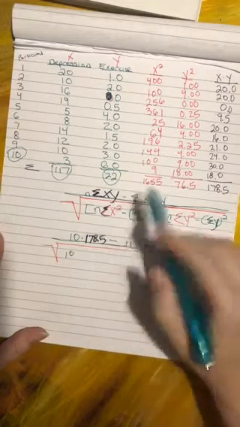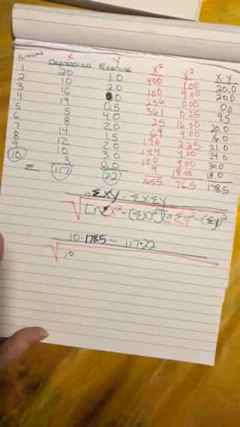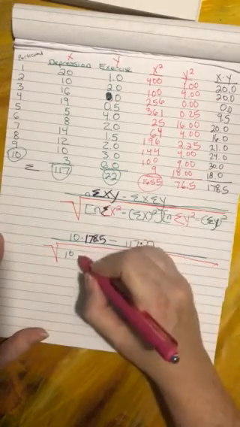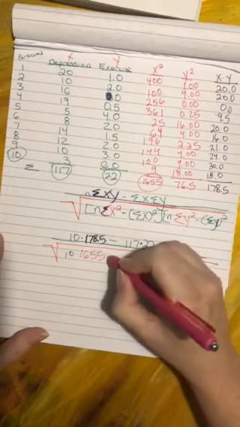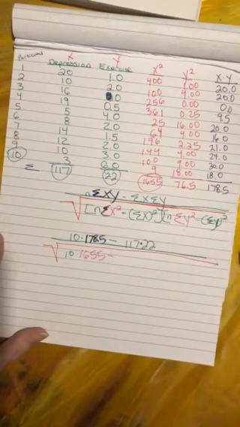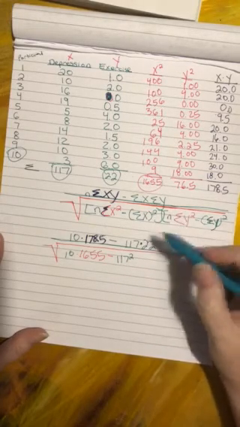N is 10. And this is the sum of our x squared column. So here, 10 times 1655 minus, and this is the sum of our x column, which is 117 squared.